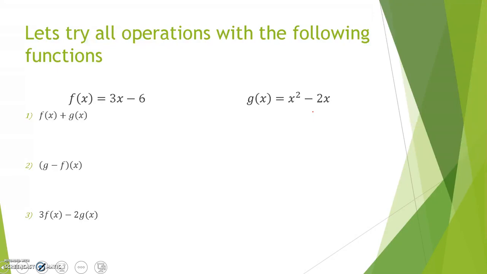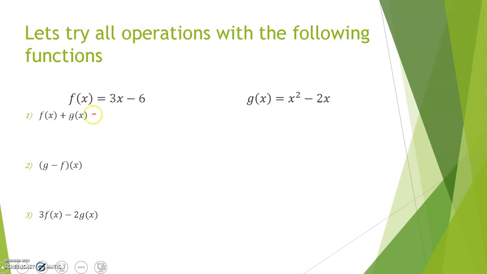I'm going to suppose that you have done that, and what we're going to do now is add the f of x function plus the g of x function. The f of x is 3x minus 6. The g of x is x squared minus 2x. When I add those two things together, I can add the like terms.